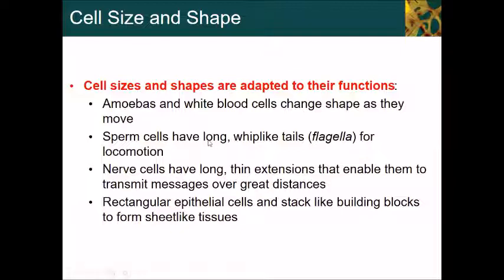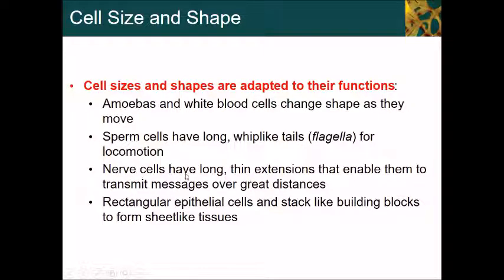And then the cell size and shape are also adapted based on their function. For example, amoebas and white blood cells change shape as they move. Meanwhile, sperm cells have a long, whip-like tail for locomotion, for swimming.